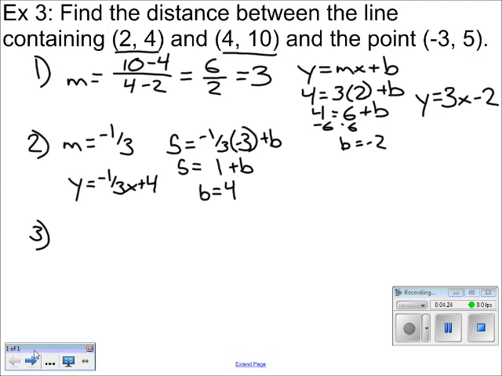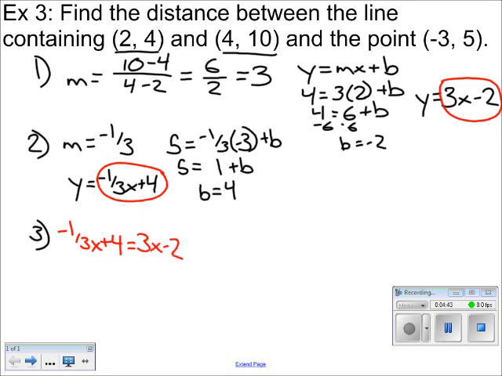Okay. Then we want to solve our system of equations. So remember, we set that equal to that. Whatever the y's were equal to, we can put those together. So I get negative 1/3 x plus 4 equals 3x minus 2. We've been solving equations like that all year, so what are we going to do first?